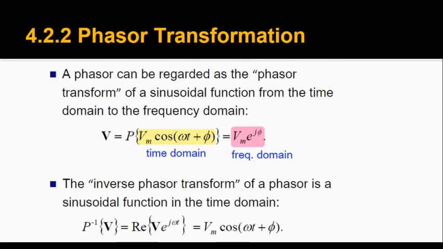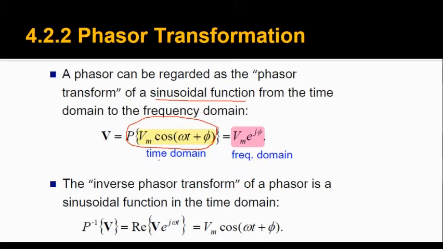Okay, 4.2.2 is the Phasor transformation. How can you do the Phasor transformation? A Phasor can be regarded as the Phasor transform of a sinusoidal function from the time domain to the frequency domain. Although the name is sinusoid, we keep the general representation of the sinusoidal function in terms of cos: Vm cos omega t plus the phase angle.